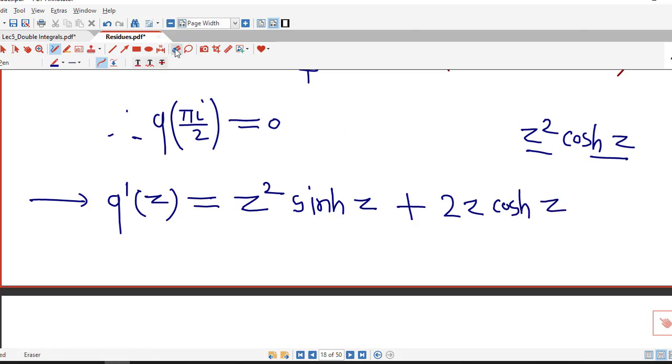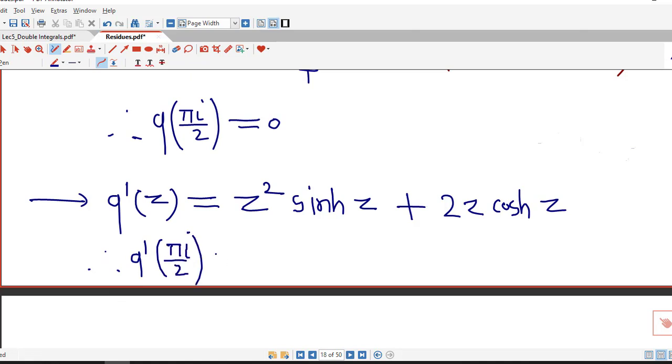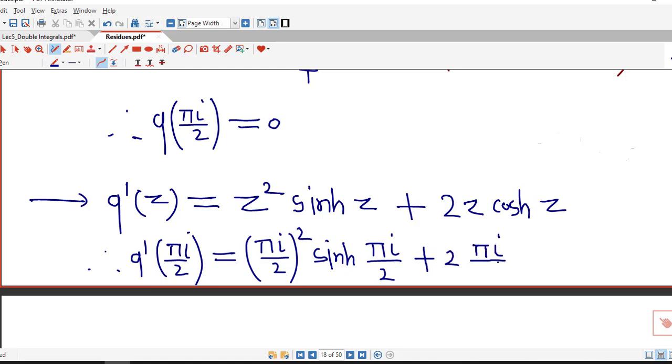So using the product rule we find the derivative of function q. Now we are interested in the derivative's value at pi i by 2. So q dash pi i by 2 is going to be (pi i by 2) whole square sine hyperbolic pi i divided by 2, plus 2 times pi i by 2 and cos hyperbolic pi i divided by 2.